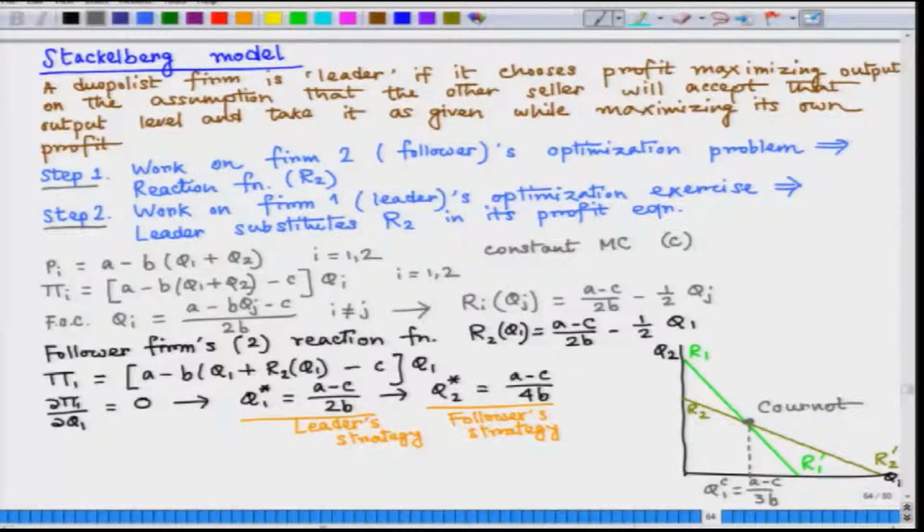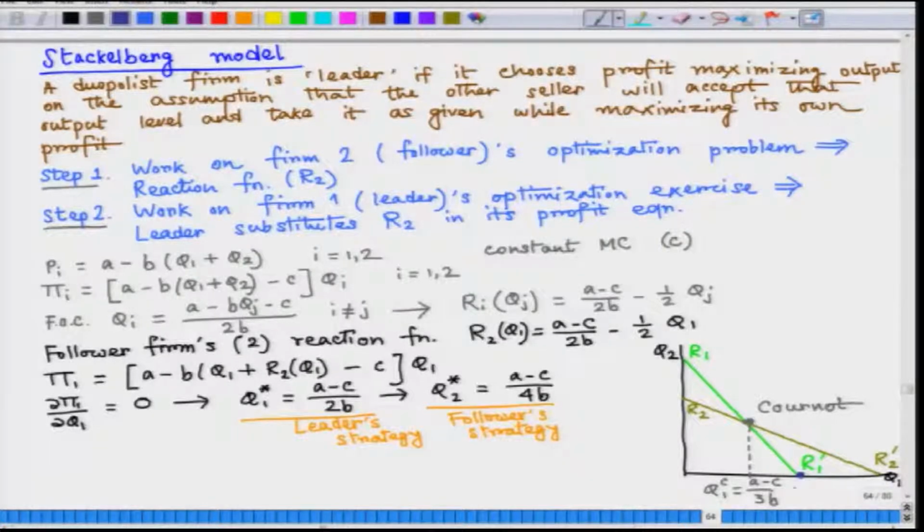The Stackelberg outcome will come here, where this reaction function R1 prime meets the quantity 1 axis, and this is basically the highest quantity that firm 1, the leader firm, can produce given the situation and the reaction functions.